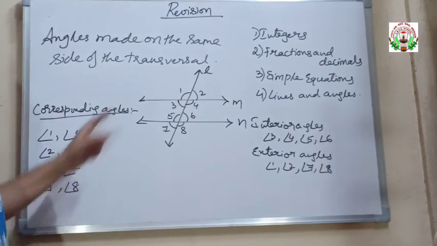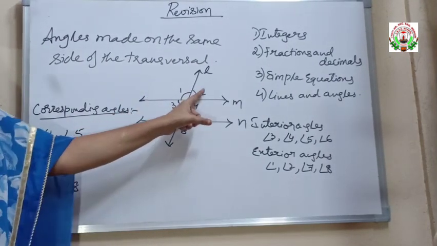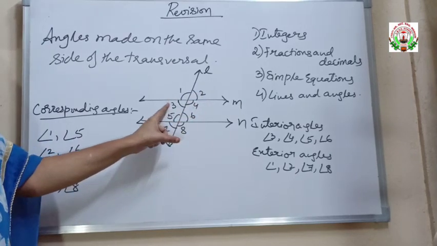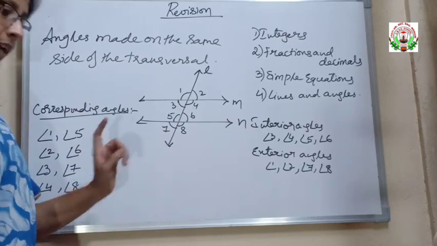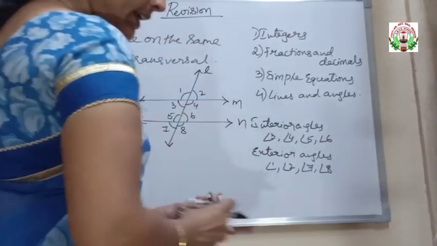These are corresponding angles. Next one is alternate interior angles.